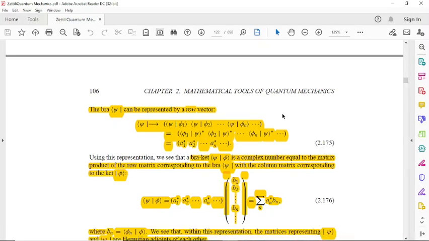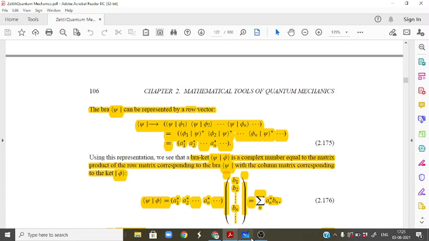And the bracket psi phi is a complex number equal to the matrix product of the row matrix corresponding to the bra psi with the column matrix corresponding to the ket phi.